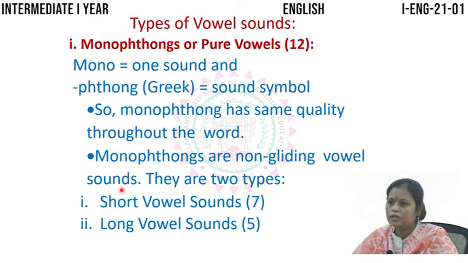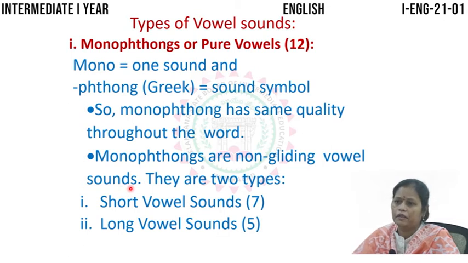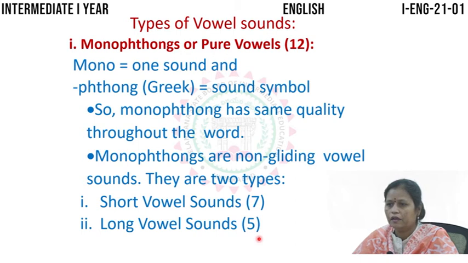Non-gliding means there is no movement from one sound to another sound. That is why they are called monophthongs. And these are again divided into 2 types: short vowel sounds, which are 7, and long vowel sounds, which are 5 in number.